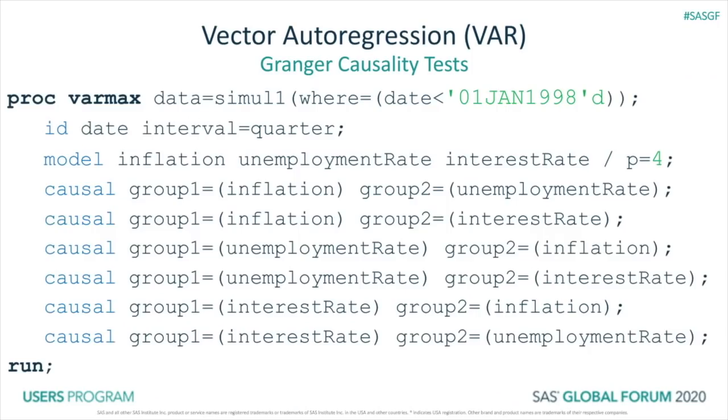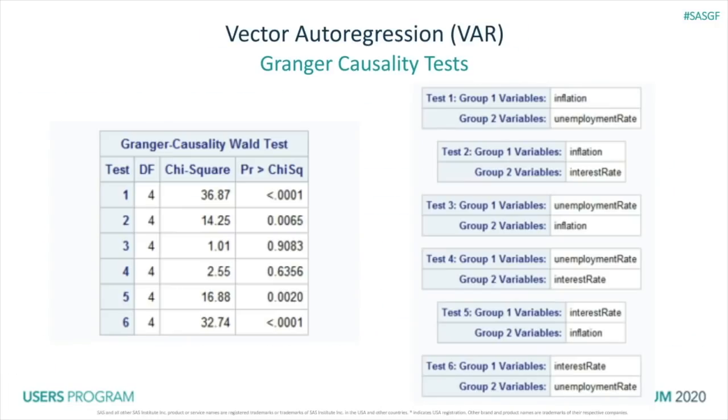In our example, we have 3 variables, and all the combinations may lead to 12 combinations. But here we just show 6 of them, to see if one variable could help the forecast of the other. As shown in this result, you could see that tests 1, 2, 5, and 6 are all rejected at a 5% significance level.